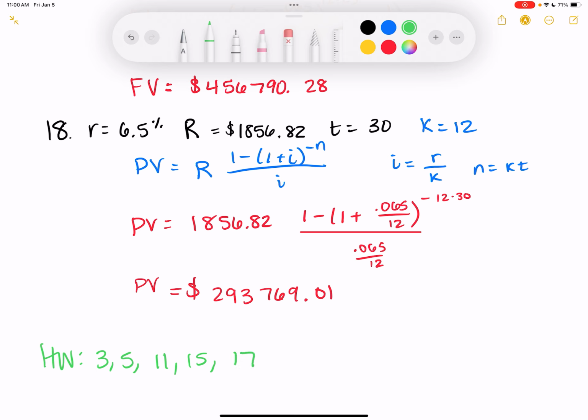I'm going to go ahead and tell you 19, but you won't really be able to do 19 yet. 19 gives you the present value, and you are trying to find the big R. So you could do it if you know how to flip it, but I'll show you one on Monday. And then we'll do word problems for this section. So I would say probably Wednesday for a quiz.